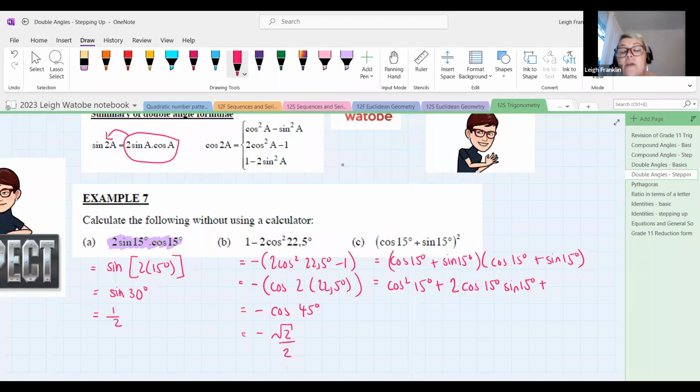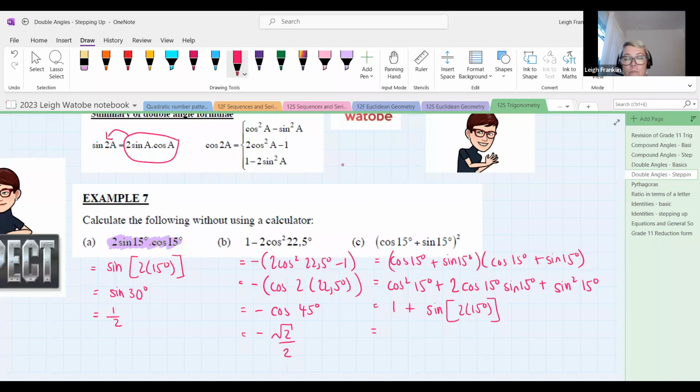And then at the end here, you'd have plus sine squared 15. Excellent. Sandile, I'm loving it. Keep going. Cos squared 15 plus sine squared 15 would equal 1. Beautiful. And then in the middle there we have a sine double angle, which would equal sine 2 open brackets 15. Lovely.